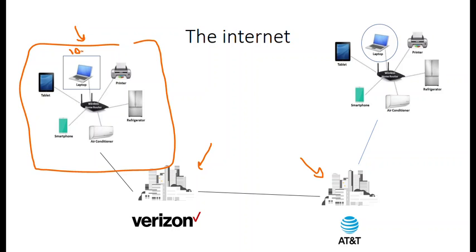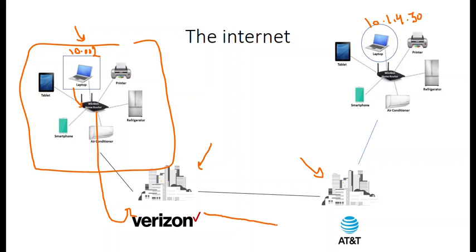So in this case, similar to the previous case, this device will have an IP address, like 10.0.0.2, and it wants to communicate with this device with the address 10.1.4.50, for example. In this case, this laptop will send its data to the wireless router. This wireless router will be connected to the service provider, like Verizon.